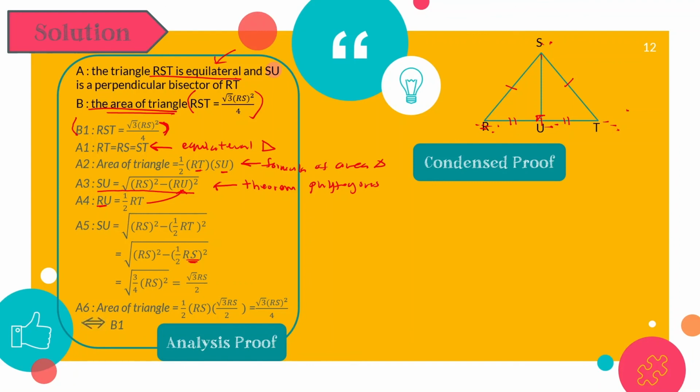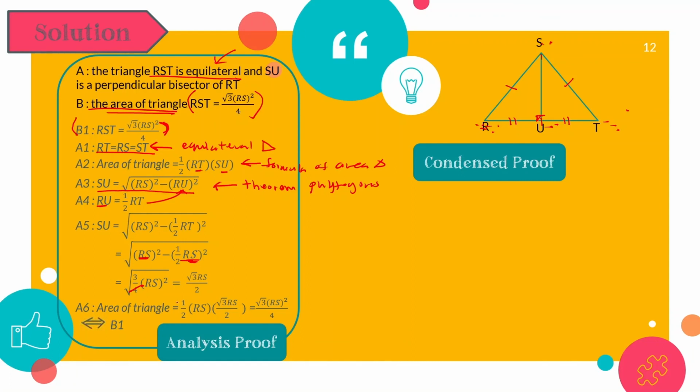From A1, we know RT is equal to RS equal to ST, so we can substitute RT with RS because they have the same length. Since it's in the same form, we can simplify it into 3 over 4 RS squared. By simplifying it again, the square root of this, we get root 3 RS over 2. So the square root of 4 becomes 2, RS becomes RS.